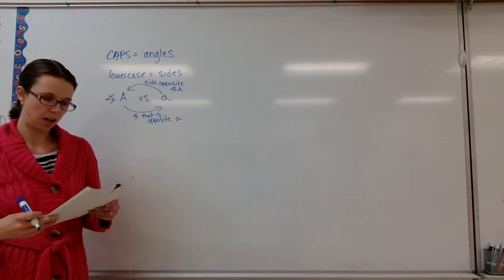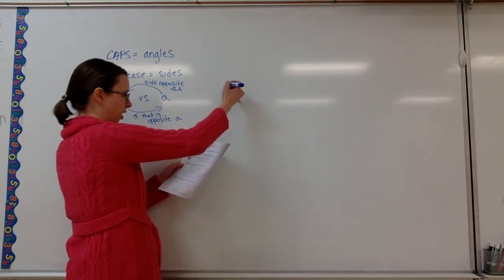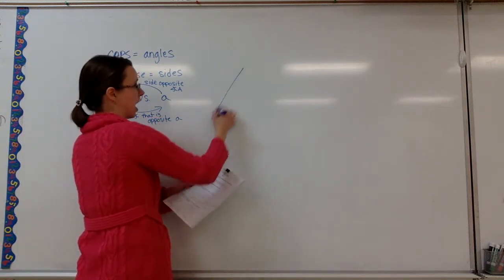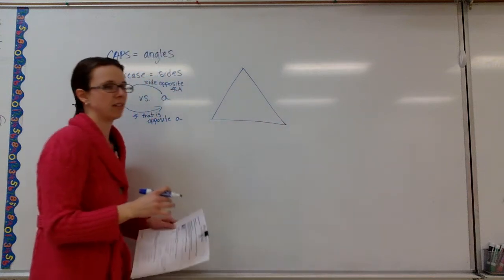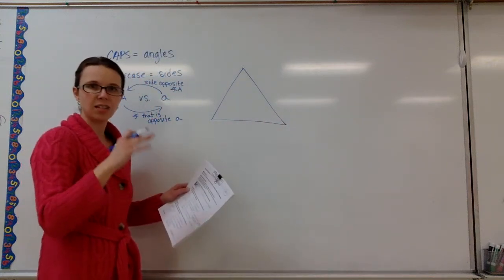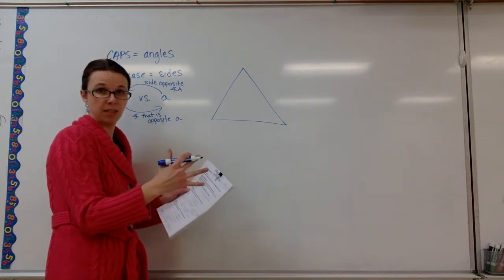So in example 1, we're given the diagram, and in all of these problems for law of cosines and finding a missing side, you're going to see me sketch just a regular triangle. It doesn't need to be isosceles, and you really don't need to know about the measurements. We're going to let the numbers speak for themselves.